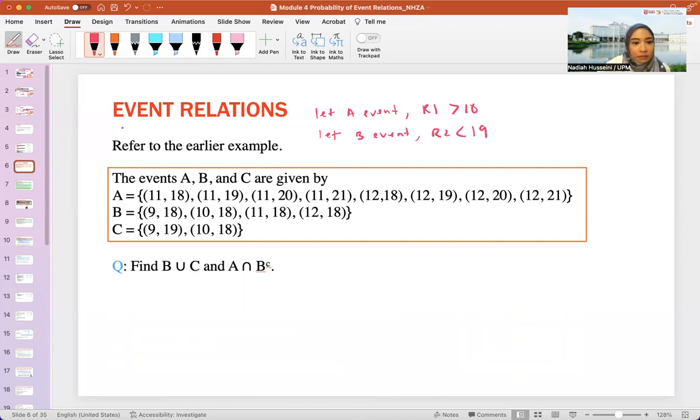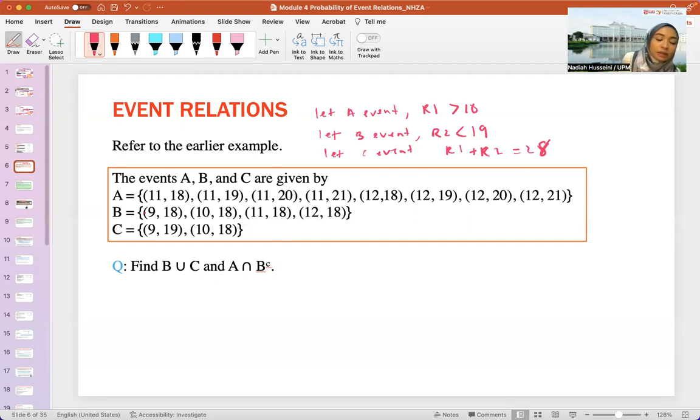Event C is R1 plus R2 equal to 28. Find B union C and A intersect B complement, or B superscript C. Let's just call it B complement.